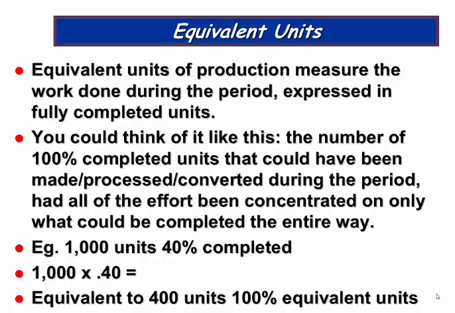So here we're using 1,000 physical units at 40% completion as to conversion. So 1,000 times 0.4 equals 400 units.